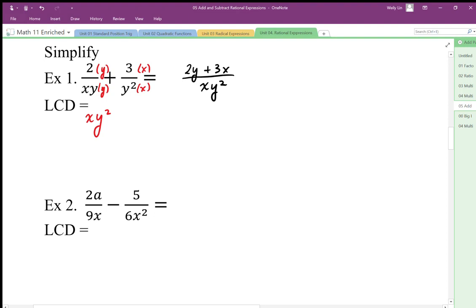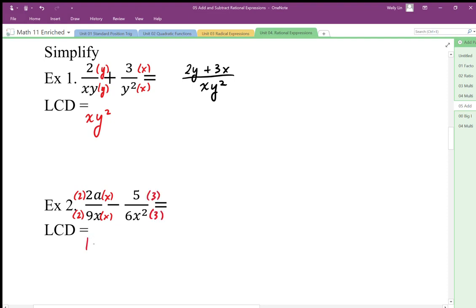So again, here when I look at the denominators, I need to figure out what is the lowest common denominator. The lowest common denominator is going to be 18, and here we have two x's, we only have one x here, so we need 18x squared. So I need to multiply this by 2, and x, 2, and x. Here I need to multiply by 3, and times by 3.